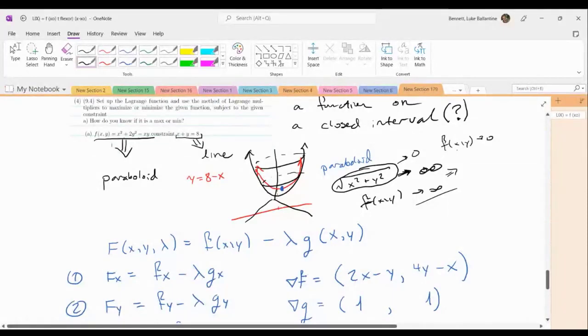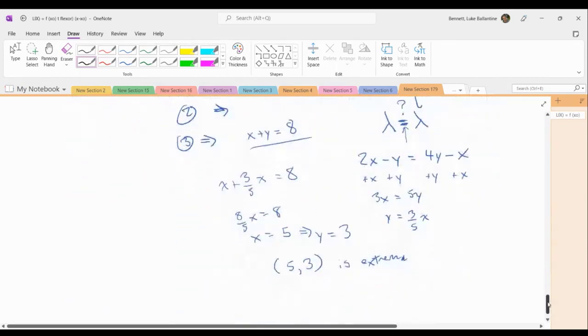And so then it's just a matter of minimizing the distance of the line from the origin. Where is this line closest to the origin? That would be a single variable calculus problem at that point.